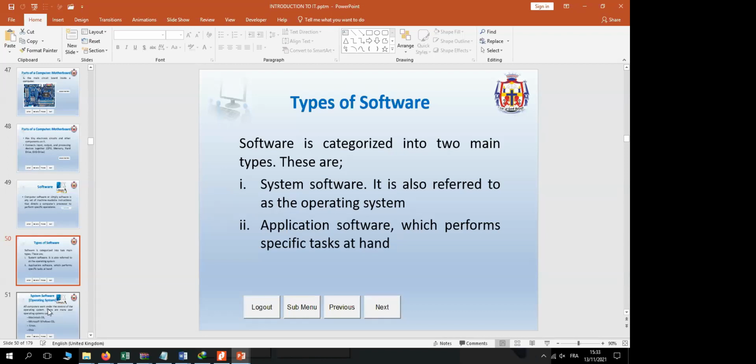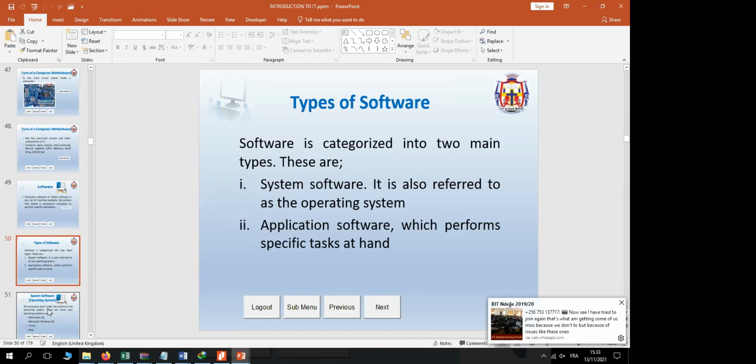The system software, sometimes we call it the operating system. If I say system software, I'm referring to the operating system, and the reverse is true, okay? What is this system software? I've just said that it is the engine, or the platform upon which the computer operates.